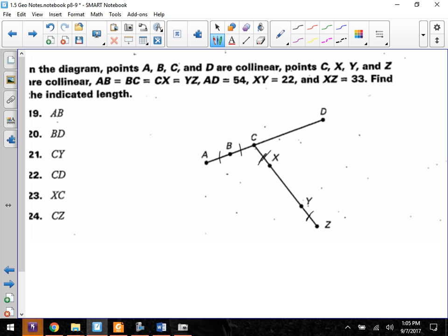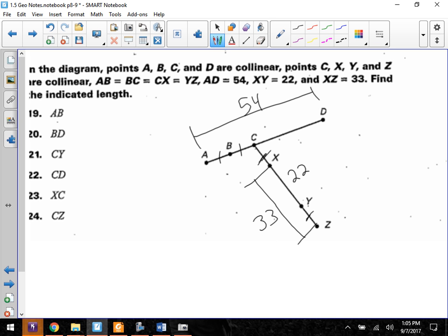Okay. It then tells you a segment length of AD. That is 54. It tells you XY, this little chunk here, is 22. And it tells you XZ is 33. What is the next thing you're able to figure out just by looking at what you have there?